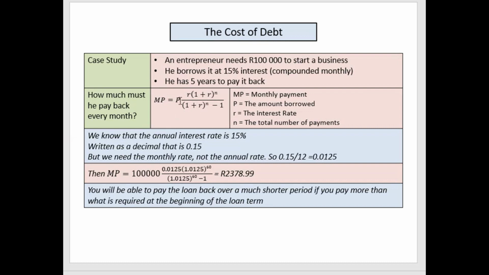And it says that the monthly payment is equal to the amount borrowed multiplied by whatever is now in this fraction: the interest rate multiplied by 1 plus the interest rate to the power of the period, and under the line, 1 plus the interest rate to the power of the period, the same thing but minus 1. Okay, so that's the formula. As I say, you don't have to remember it, but it's handy to use it. And then P is the amount borrowed, R is the interest rate, and N is simply the total number of payments.